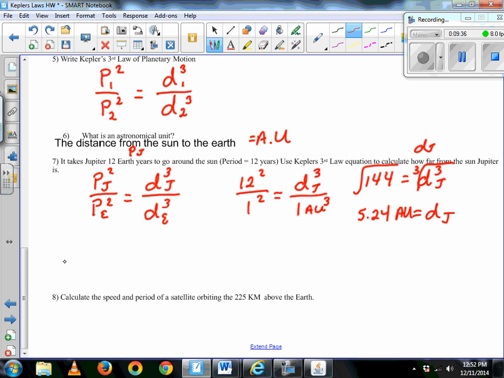So instead of AUs, we're going to call these moon units, or an MU. Instead of doing the period of Earth, use the period of the moon for problem 44. So you would have 1 moon year. That's how long it takes the moon to go around the Earth. Okay, so you put a 1 in for the moon year.